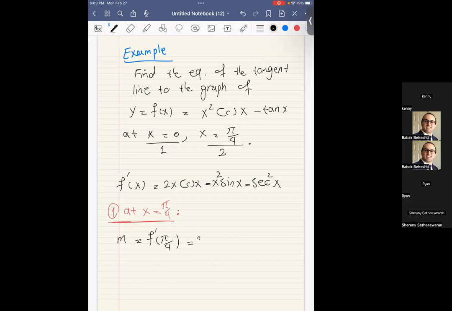So f prime is 2 times pi over 4 times root 2 over 2, minus x square, which is pi square over 16 times sine of pi over 4, which is root 2 over 2, and secant of pi over 4 is just root 2, so secant square is just 2.